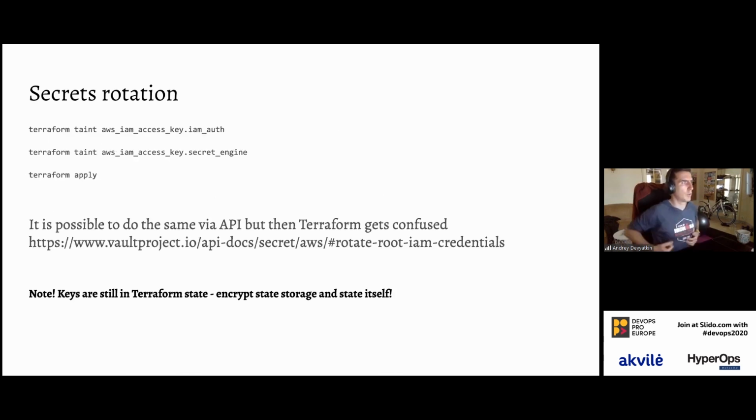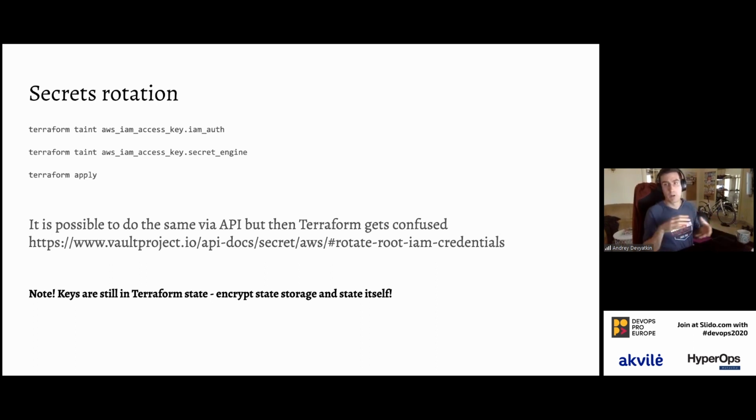The same you could do for all those users that you create for accessing AWS and Vault. So you can just say terraform taint, and then terraform apply, and Terraform will go in and reconfigure everything with the new keys.